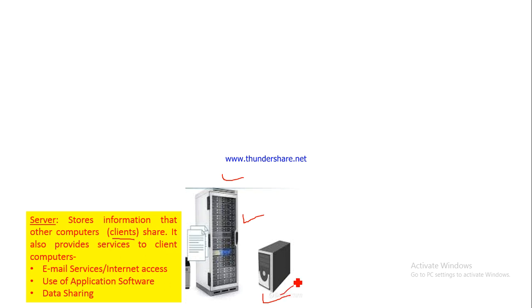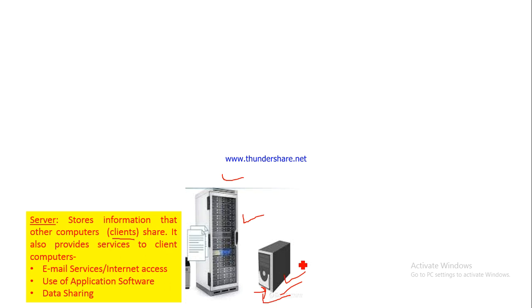In this case, all the data of the branch would be stored in this server, and this would not be used for normal day-to-day functioning. And whenever a client computer wants some information, it can fetch the information from this server. Or for example, if the client computer is working on some MIS, the programming of MIS would be there in the server, and the client computers would only be making use of the MIS program which is stored in this server.